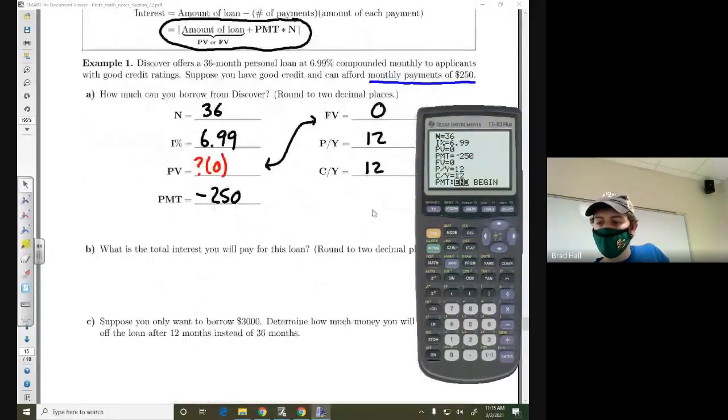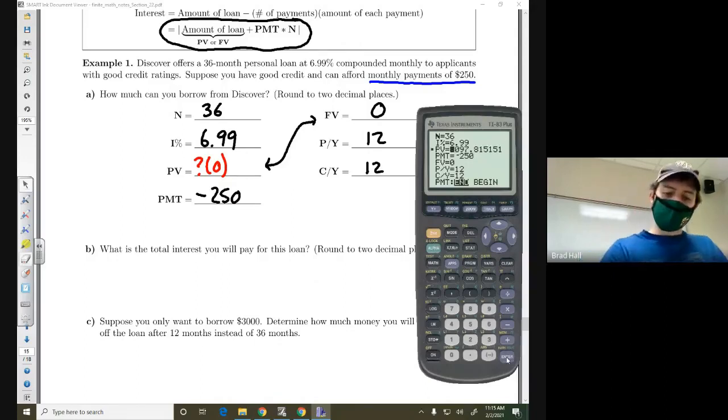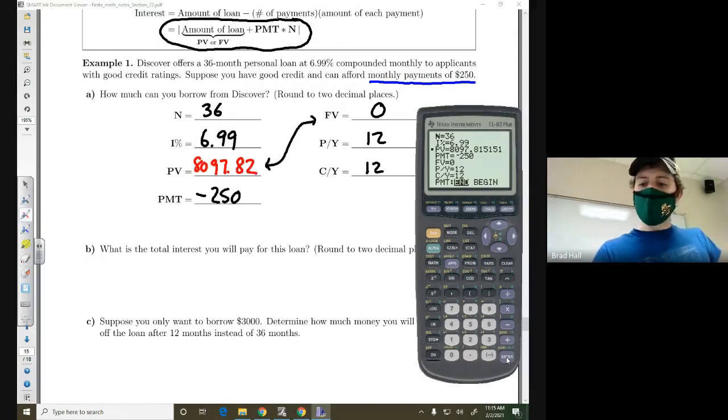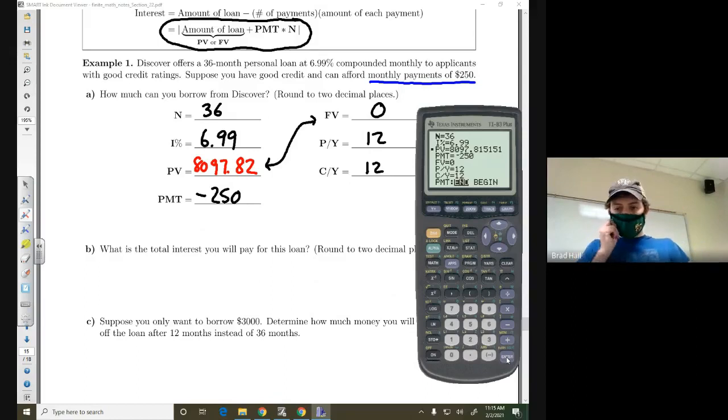But what it does say, you move your cursor up to the unknown value, which is PV in this case, press alpha, well, it's green on this calculator, enter, and you should get 8,097.82. Wants us to round to 2 decimal places, so I'll round up from 81 to 82 for the cents. So that already answers part A.